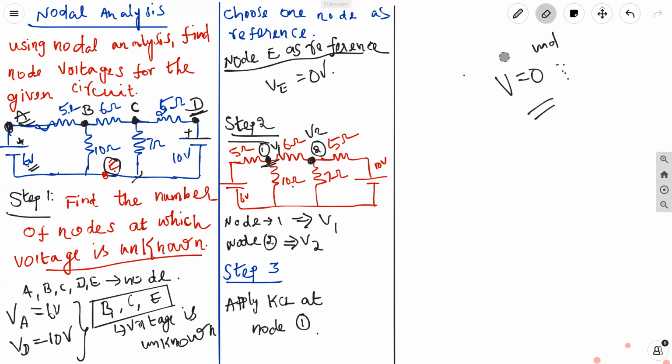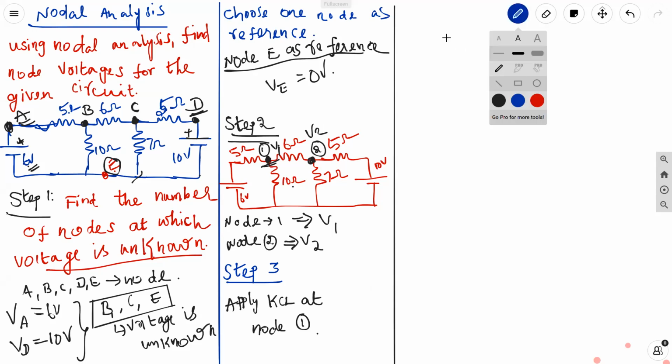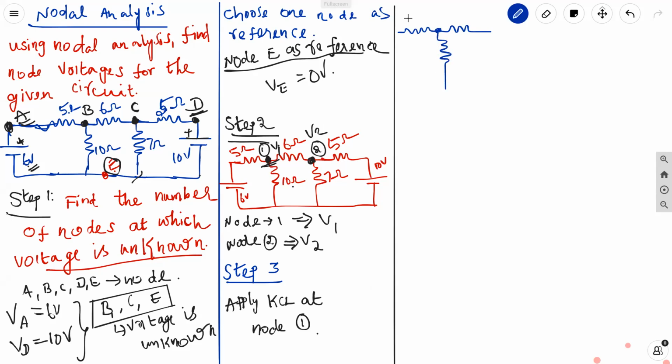So for that, I take node number 1 and put the 3 resistors connected to node number 1: 5 ohm, 6 ohm, and 10 ohm.